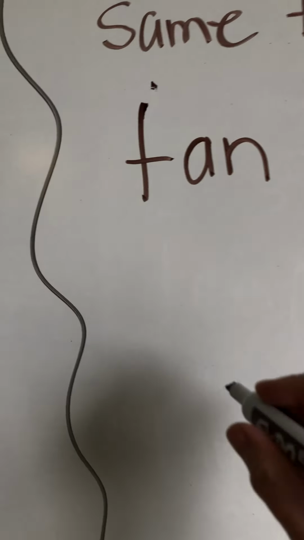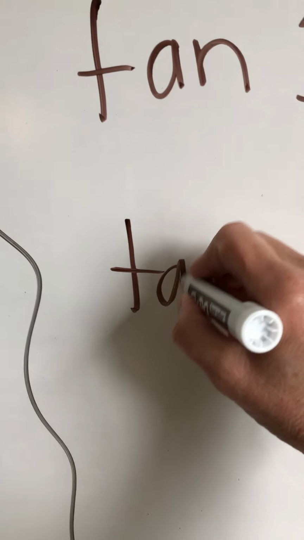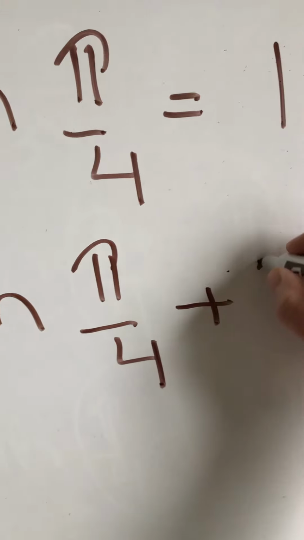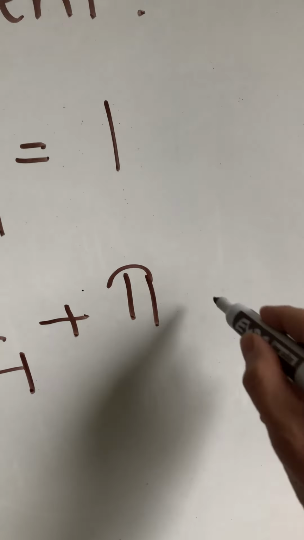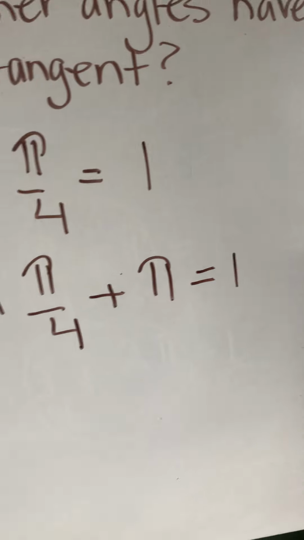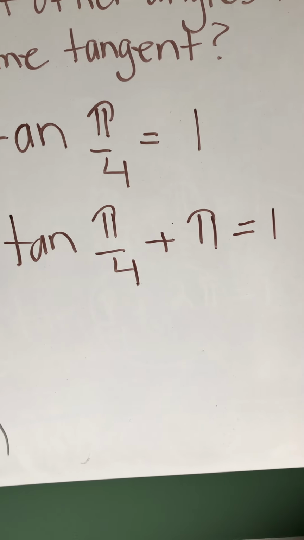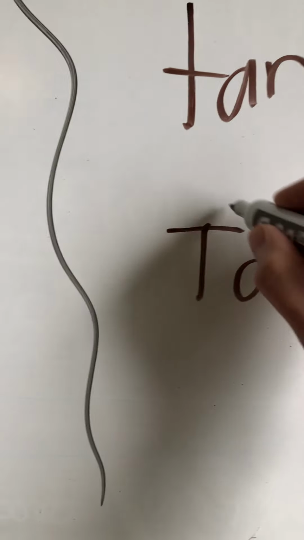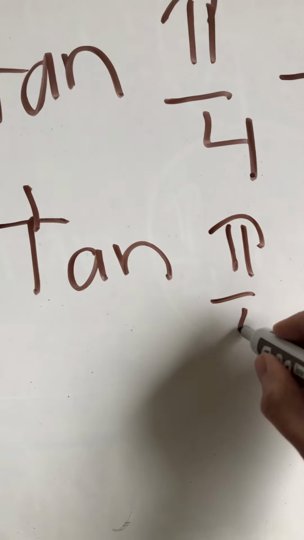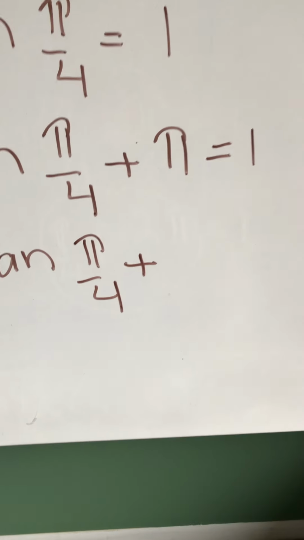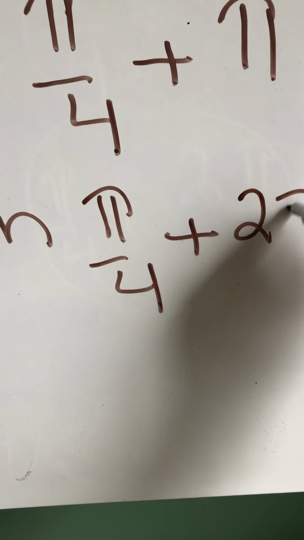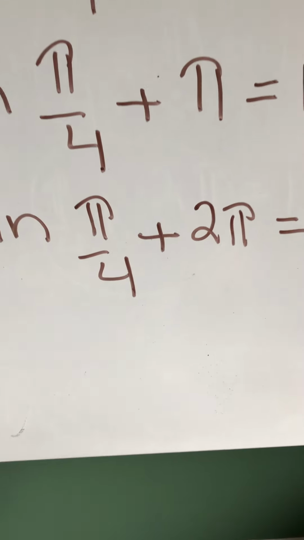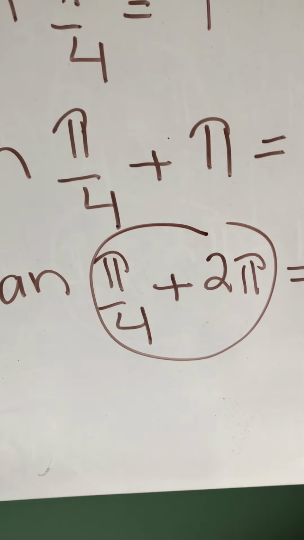So what that means is if I take tangent of pi over 4 and I add another pi to that angle, I should see there that tangent's also 1. Now I could add another pi. That means if I take tangent of pi over 4 and I rotate not just 1 pi but 2 pi's, I should see that the value of tangent at that angle right here should also be 1.